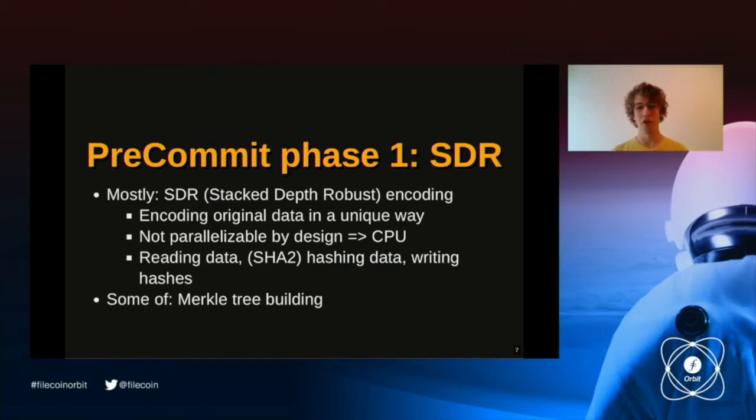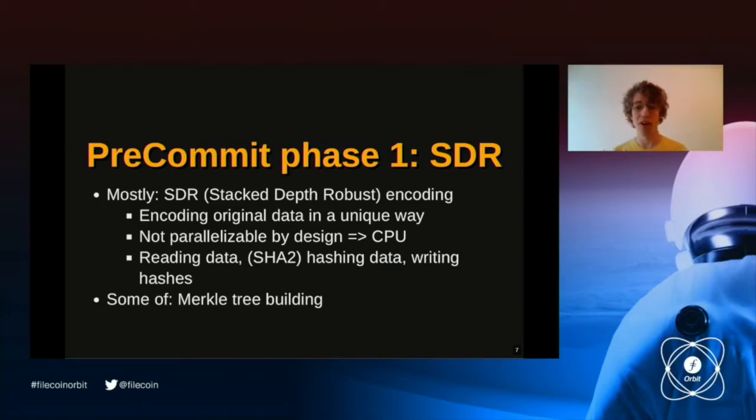But the point why it's not parallelizable is that for the hashing, you often depend on previous hashes to hash the new hashes. So therefore, you have those interdependencies. And in this step, there's also some basic tree building, which isn't really performance critical, but tree building is kind of core to the proof of replication.